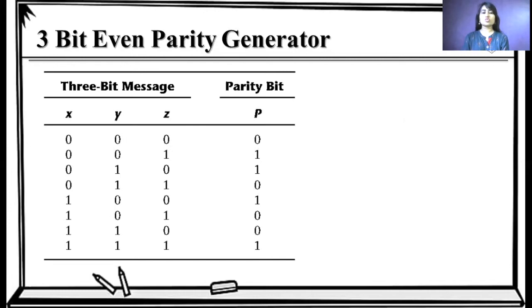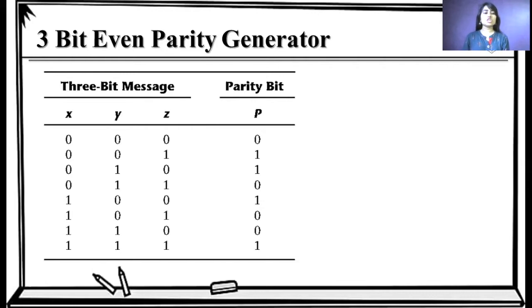Here we have a truth table for this even parity generator. For a 3-bit message XYZ, we have a total of 8 possible combinations. So here we write these 8 possible combinations. Now consider the first combination XYZ 000. Here the number of ones is 0, that means even, so P must be 0.